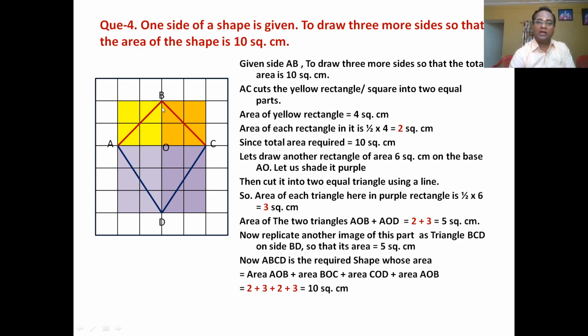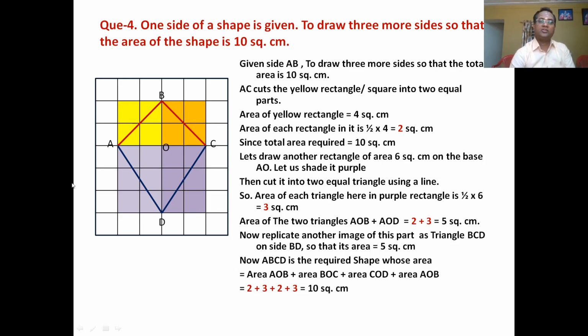Now I'll drop a perpendicular here and write this point as O, and drop here another perpendicular from A, write this point as O. So area of the total rectangle is 4 square units and area of the triangle becomes half of it, that is 2 square centimeters. Now the total area required is 10 square centimeters and half of 10 is 5.